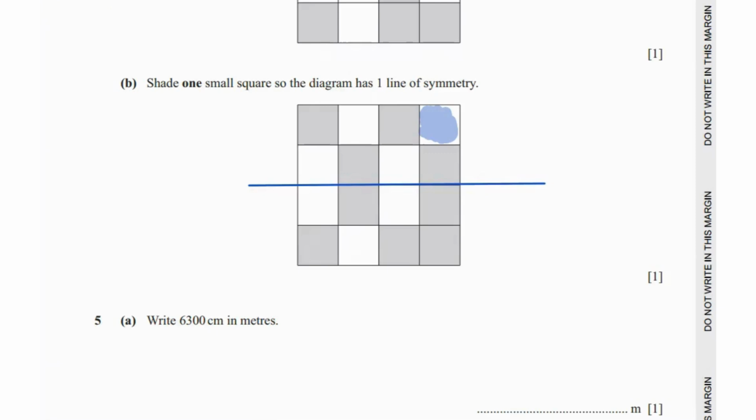Then it says, write 6,300 centimeters in meters. So if 1 meter is 100 centimeters, 1 centimeter is going to be 1/100th of a meter. So we have to convert 6,300 centimeters into meters. 6,300 divided by 100 is 63 meters. That's your answer.